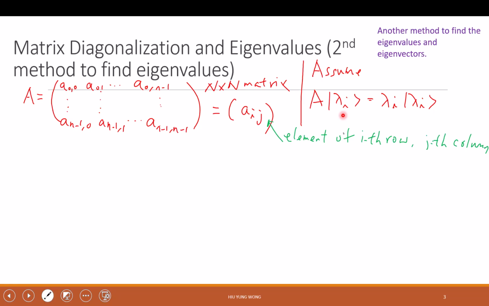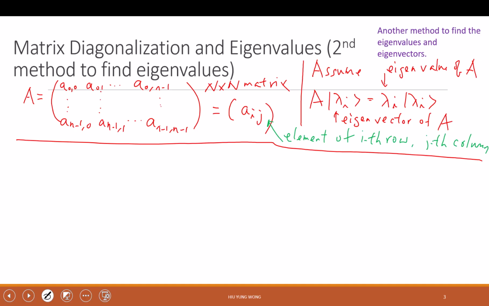It's a vector, but can you be more specific? This is the eigenvector of A, and this is the eigenvalue of A, if I write it in this way. Okay? Right, so I'm repeating, I know, but you need to be very familiar with this, right? So this is the eigenvector of A. This is the eigenvalue of A. Okay?